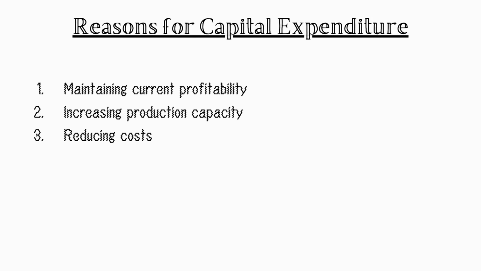For maintaining current profitability, like replacing a damaged or outdated machine, and increasing production capacity by buying new machines when demand exceeds current capacity, and also for reducing cost, like buying a delivery van instead of paying for external transport.